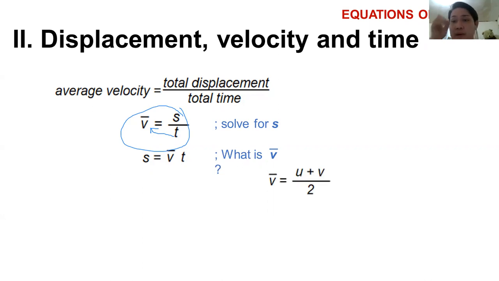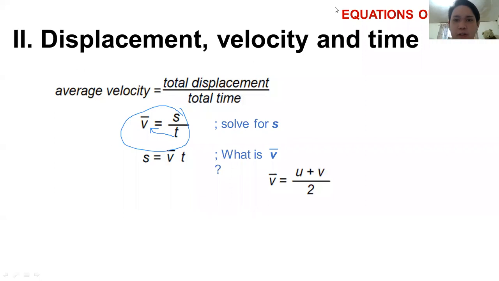If you can still remember, average velocity is equal to the initial velocity plus the final velocity divided by 2. It's just getting the average velocity. That's why we call it average velocity.